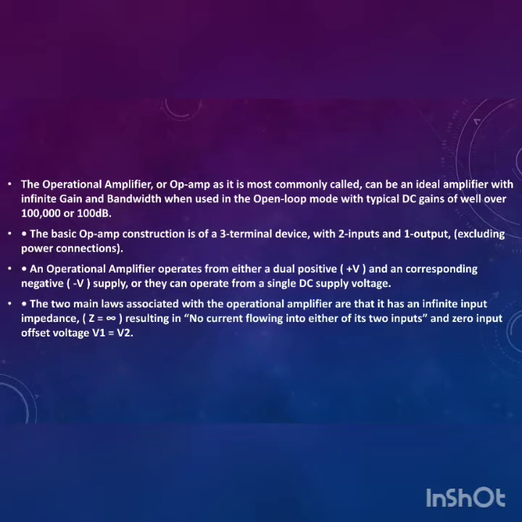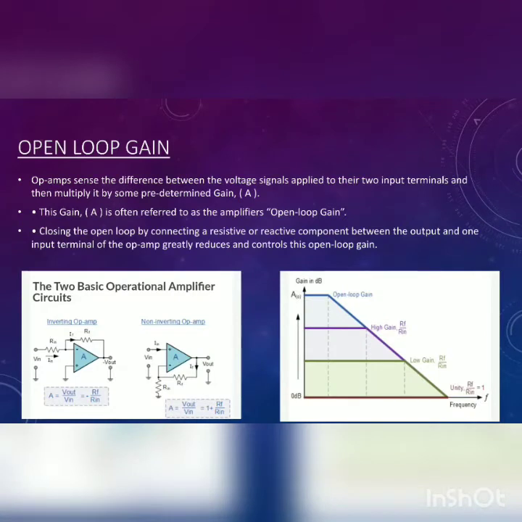Infinite input impedance, that is, the input impedance is infinity. Then moving on to open loop gain, op-amps can sense the difference between voltage signals applied to their two input terminals and then multiply it by some predetermined gain A. This gain A is often referred to as open loop gain. Understanding open loop gain is very important to study the different arithmetic operations using op amps.